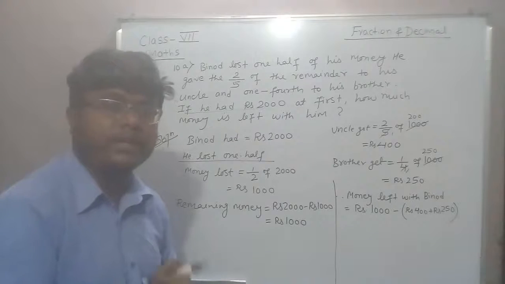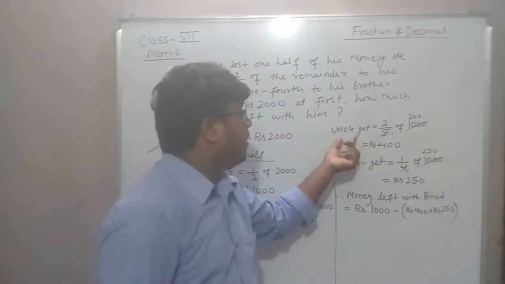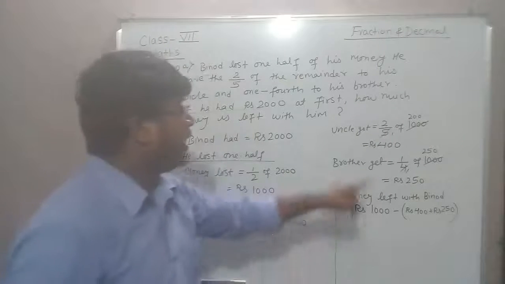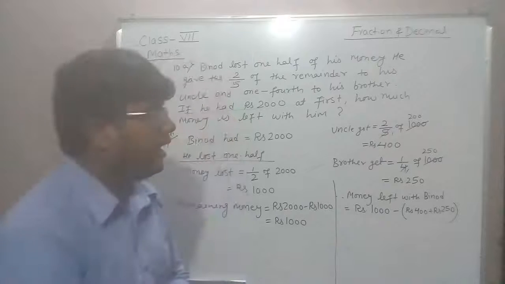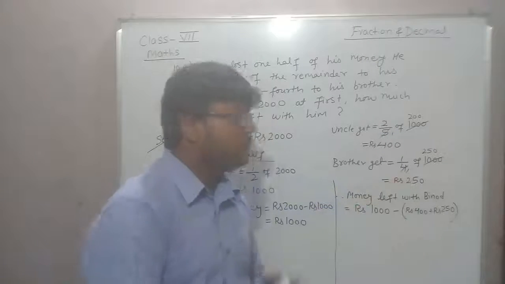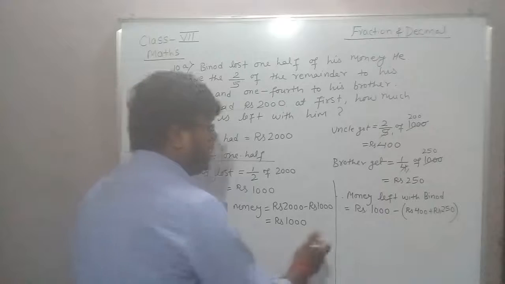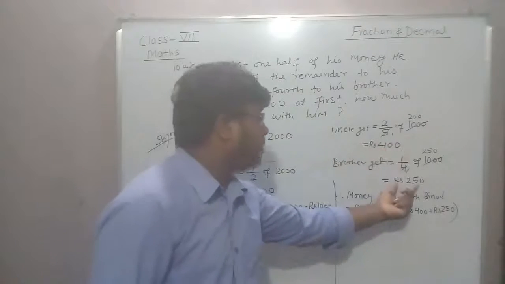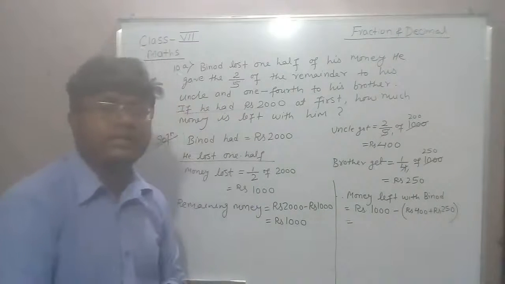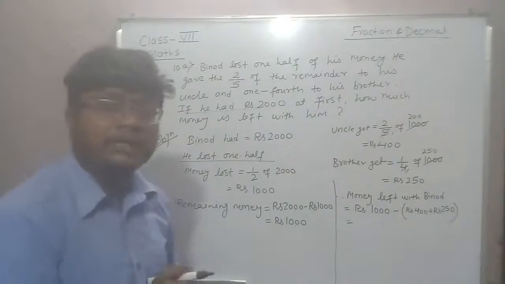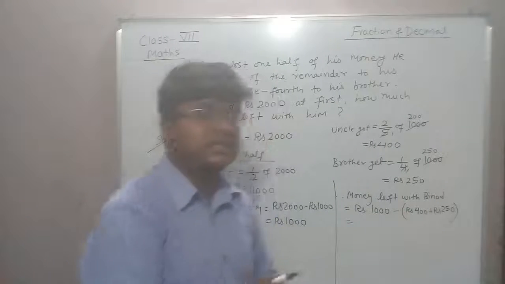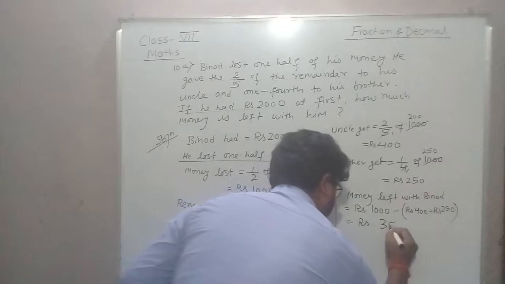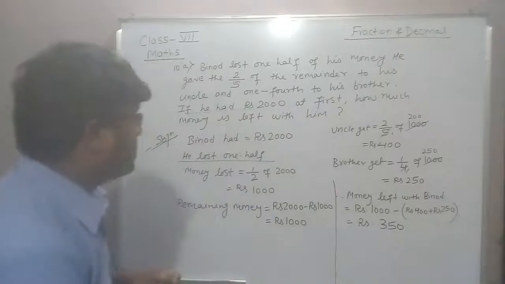So 1000 is remaining. From that 1000, uncle got 2/5 and brother got 1/4. Uncle got rupees 400 and brother got rupees 250. So total money that he gave is 400 plus 250, that is 650. From 1000 if you subtract 650, you will get rupees 350. So how much amount is left with Binod now?